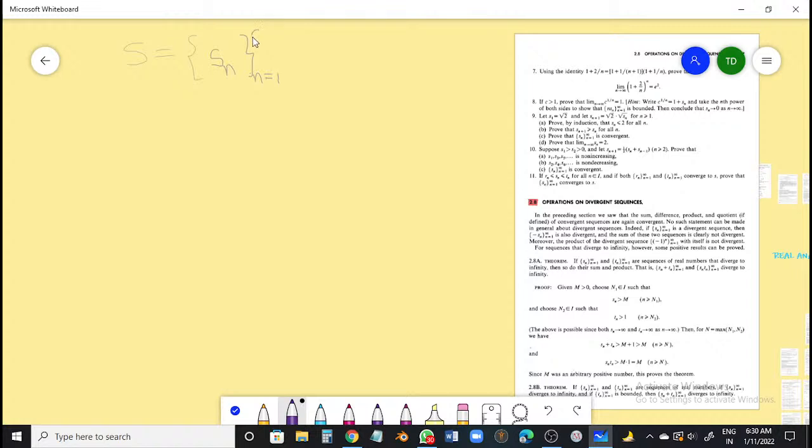What does it mean? Divergent means the numbers will expand and we will not be able to control the numbers, will not be able to get a real number where the terms are gathering. The terms are splitting here.